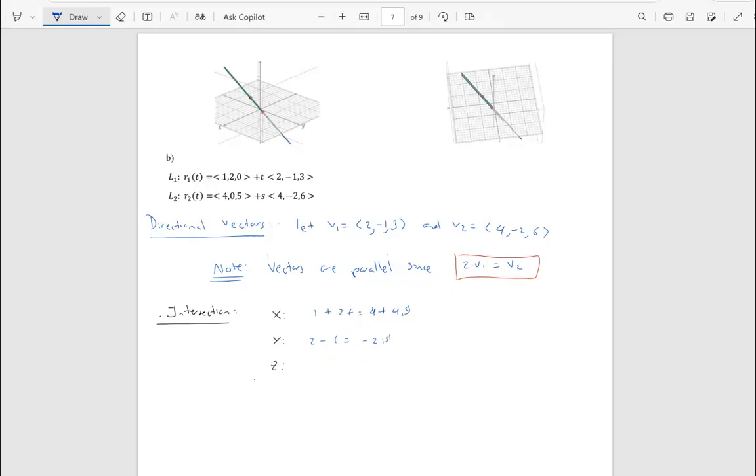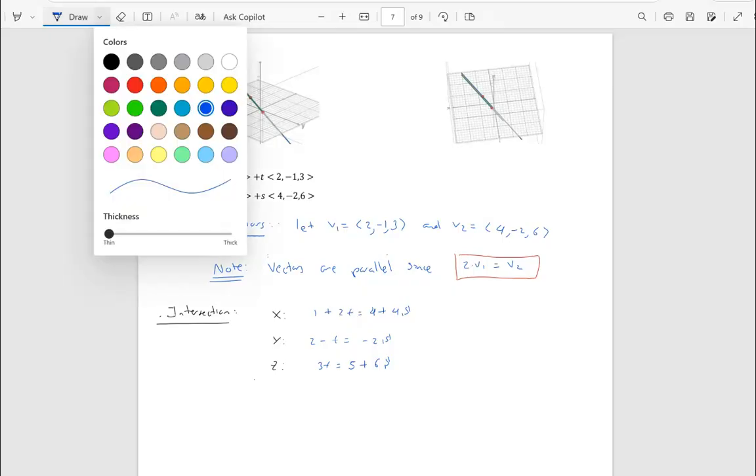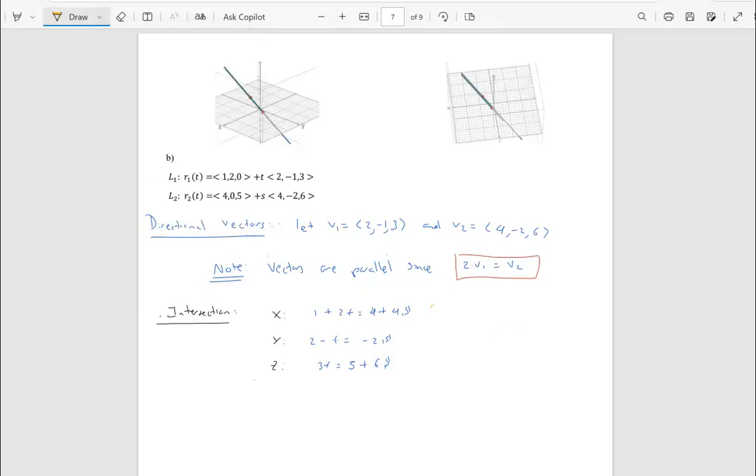And the last component is 3t, equal to 5 plus 6s. And then we have our three equations. So let me just set up equation 1, 2, and 3.